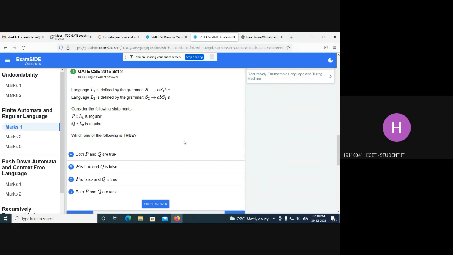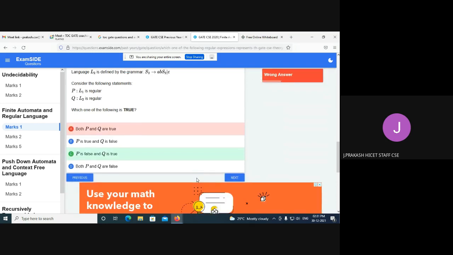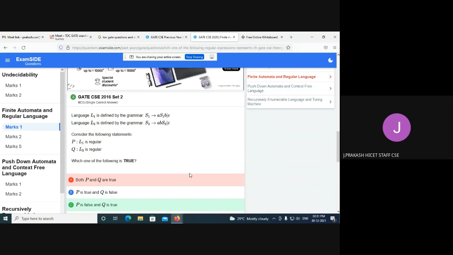So how to check it? Both P and Q are true is the claim. So how to check it? By production. Okay, let us check both P and Q. The answer is P is false and Q is true. Why? What's the reason?